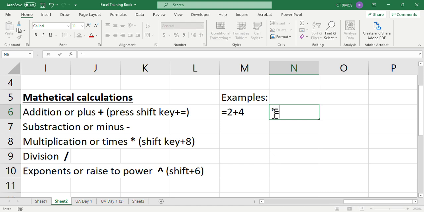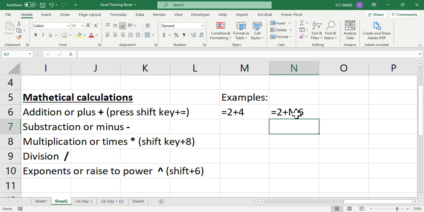Another one you can have is a cell reference plus a number. You can say 2 plus M6, depending on whatever is in M6. It will put the value there.